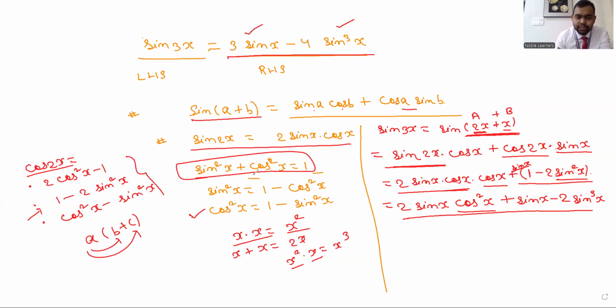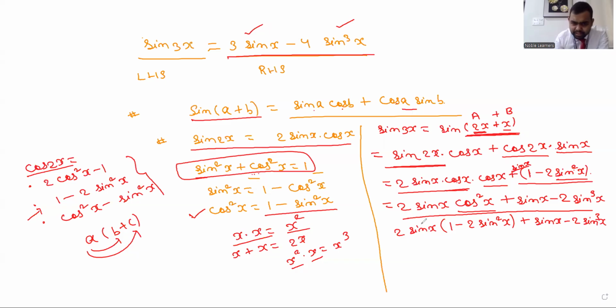So therefore, instead of cosine square x, I could also write 1 minus sine square x. So I'm going to write 2 sine x as it is, okay? And then instead of cosine square x, I'm going to write 1 minus 2 sine square x. And the rest of the part I'm going to leave as it is, okay? Sine x and minus 2 sine cube x, okay? This is how I'm going to write.